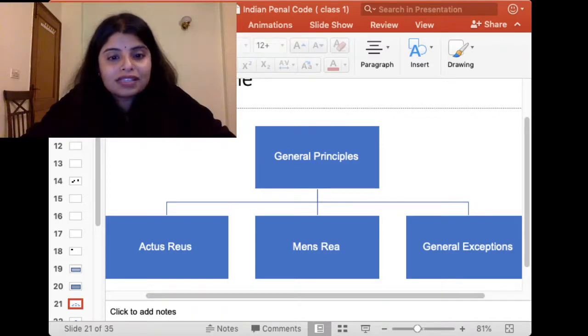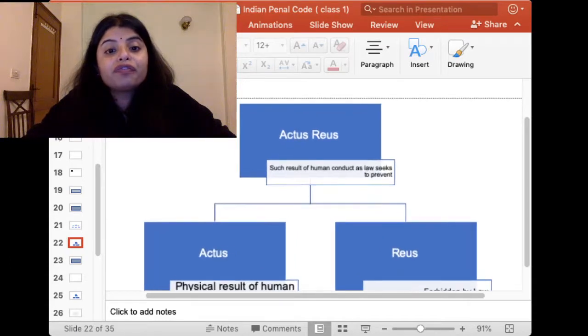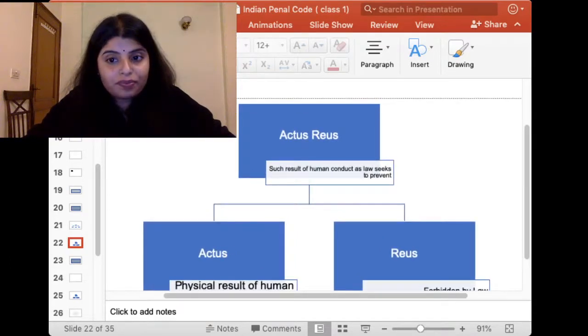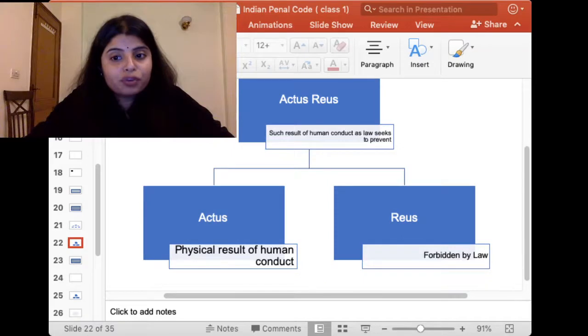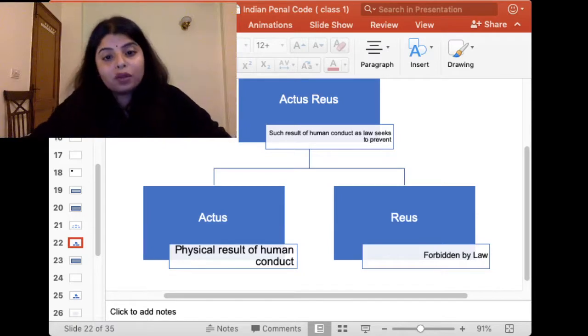Now, what is actus reus? See, actus reus is something that is a result of human conduct, such human conduct which law seeks to prevent. Actus means physical result of human conduct, or you can say a consequence of human conduct, and reus is something that is forbidden by law.